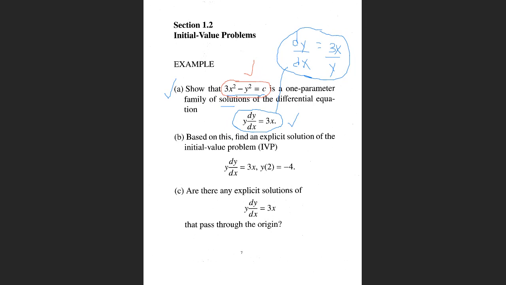And then on part B, we want to solve an initial value problem, where in addition to the differential equation, we're given that when x equals 2, y equals -4. Okay, and then we'll get to part C, but let's go ahead and proceed forward here.